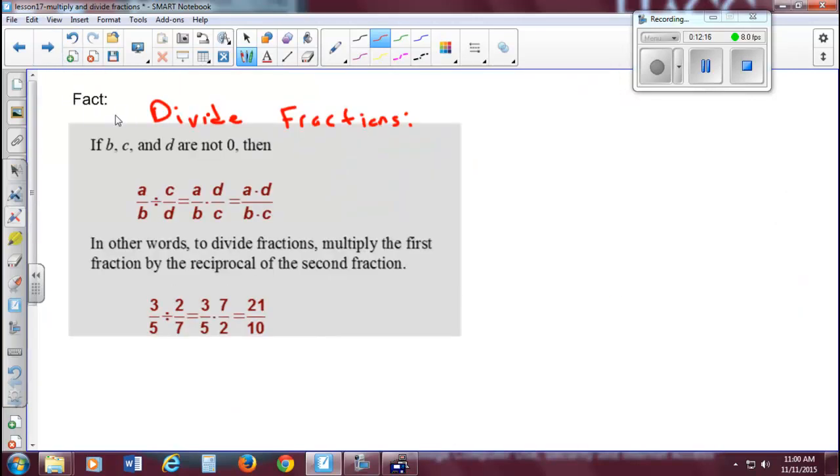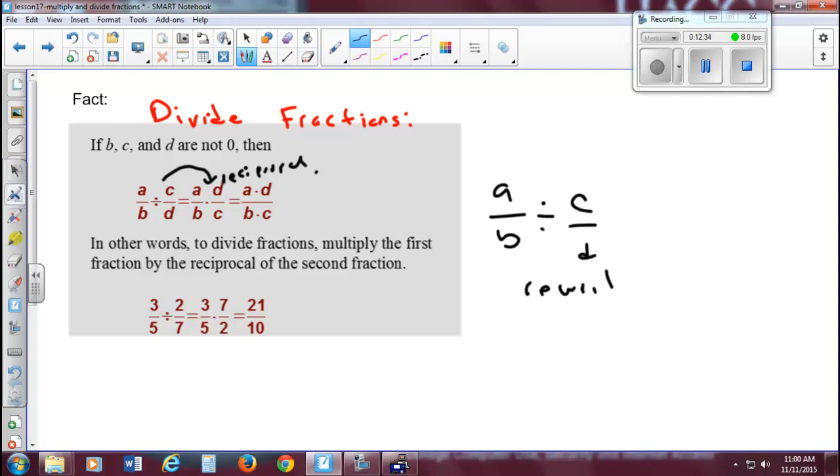All right, now let's take a look at division. Division is very closely related to multiplication. Division can be rewritten as multiplication by the reciprocal. So what I'm getting at is if you have A over B divided by C over D, you always take the time to do a rewrite and call it A over B times D over C. And notice that I use the reciprocal of this original fraction.